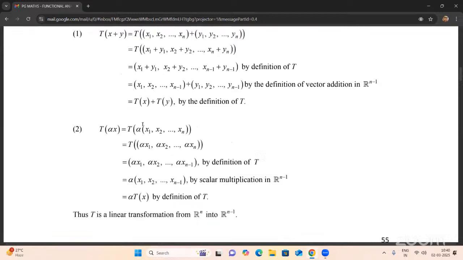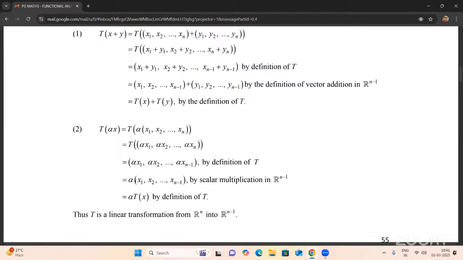And again, T of alpha x equals T of alpha times (x1, x2, and so on, xn). Listen carefully. Here, the scalar distributes to each and every one, so that is (alpha x1, alpha x2, and so on, alpha xn). So the transformation of (alpha x1, alpha x2, and so on, alpha xn) is (alpha x1, alpha x2, and so on, alpha xn minus 1) by the definition of T. Alpha being common, it is alpha of (x1, x2, and so on, xn minus 1).